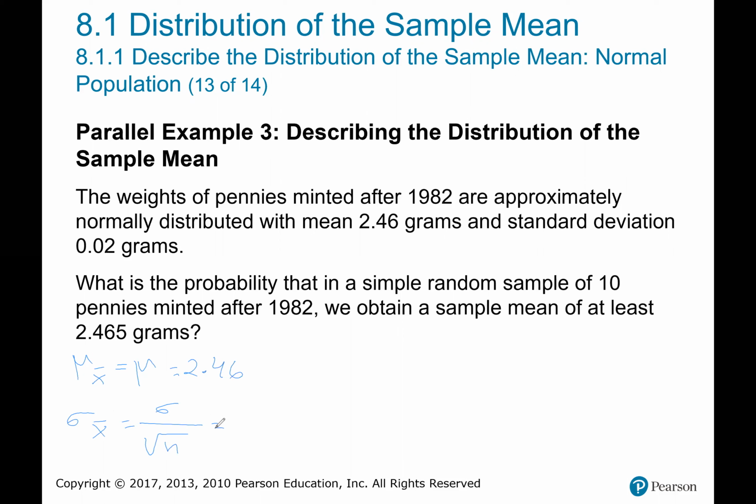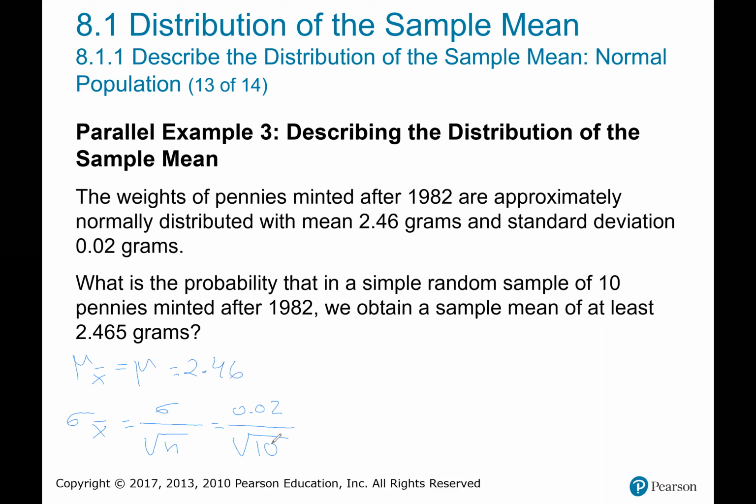So the standard deviation of the population was 0.02 over the square root of n, and n is 10.